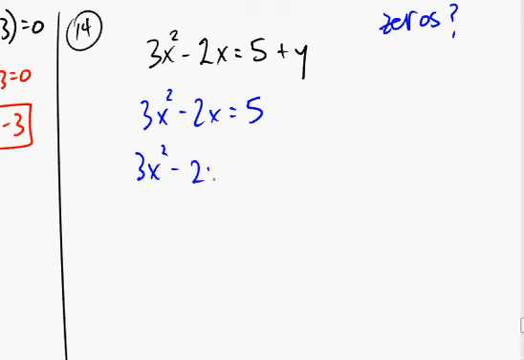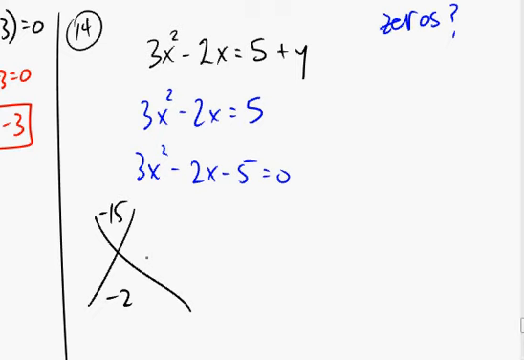So I'm going to make this equal 0 by subtracting 5 over here. And then I'm going to solve this. And if I could factor it, that will be the fastest.